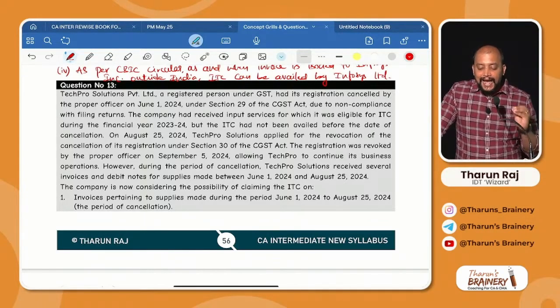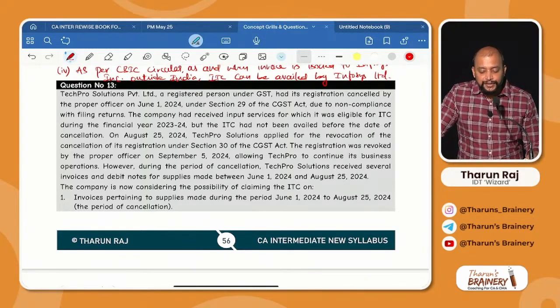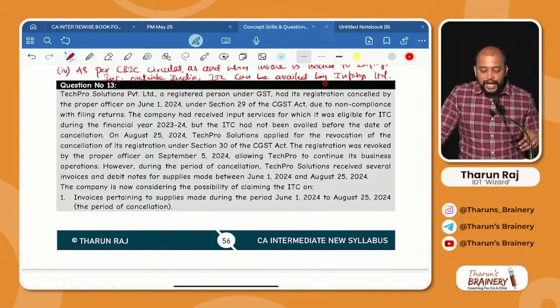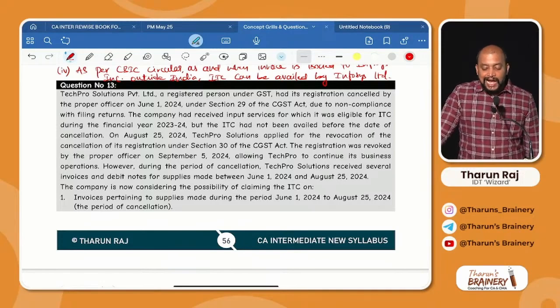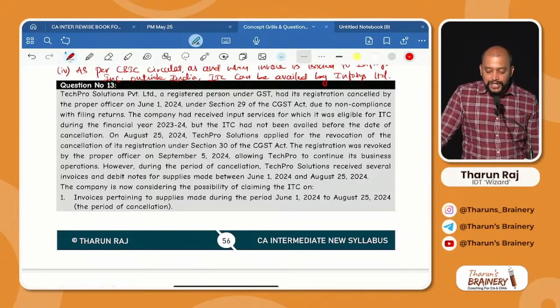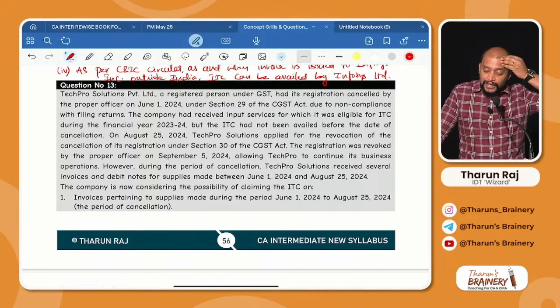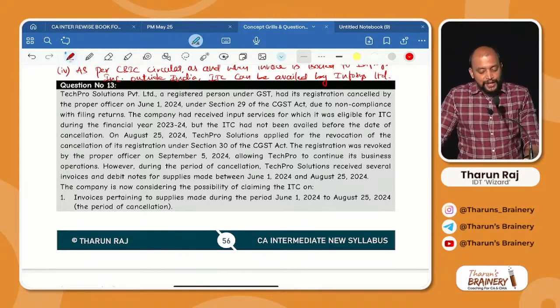The company had received input services for which it was eligible for ITC during the financial year 23-24, but the ITC had not been availed before the date of cancellation. On August 25, 2024, TechPro Solutions applied for revocation of the cancellation of registration under section 30, and the registration was revoked by the proper officer on September 5, allowing TechPro to continue its business operations.